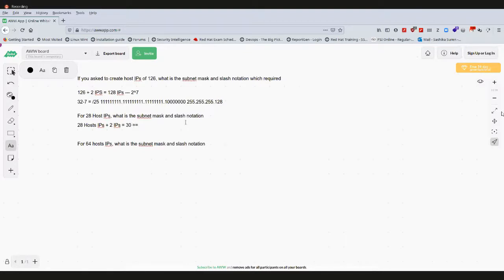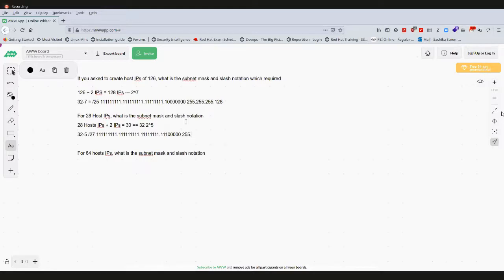The nearest power of 2 is 32, that is 2 to the power 5. That means 32 minus 5, in the sense slash 27 network. 8 ones, 8 ones, 8 ones, that is 24, then 25, 26, 27. The rest, 5 zeros, will be there.